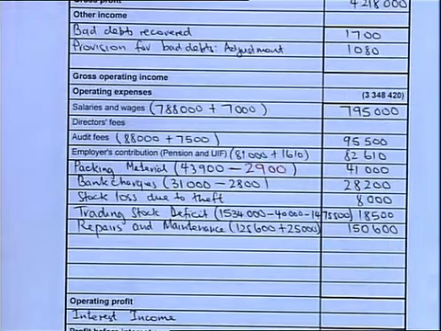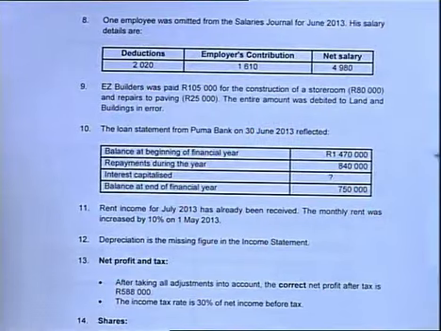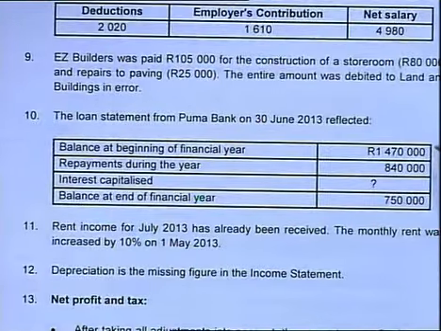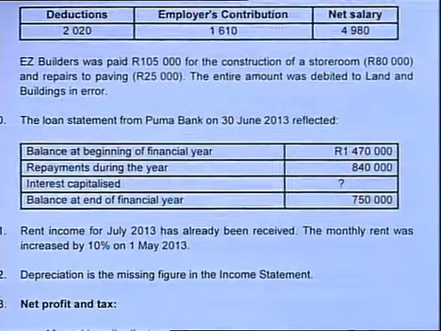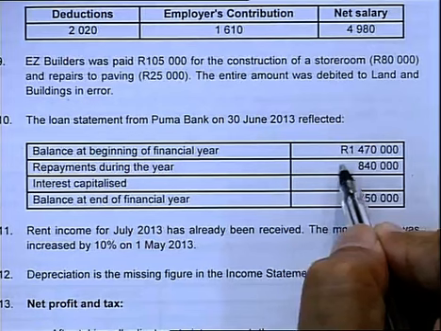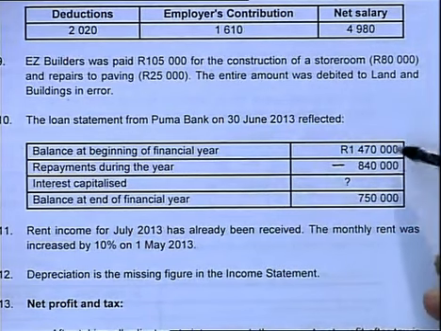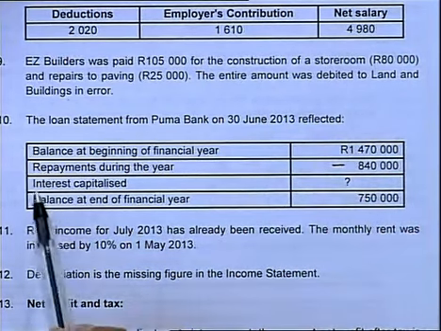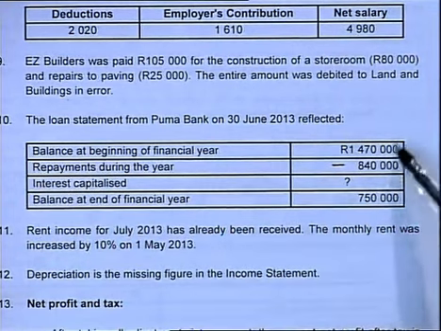Adjustment number 9 speaks about the loan. They say the balance of the loan at the beginning of the year is 1,470,000. Repayments during the year is 840,000. The repayments will have to be deducted from the balance at the beginning of the year, because since we are paying back the loan, the balance should decrease.